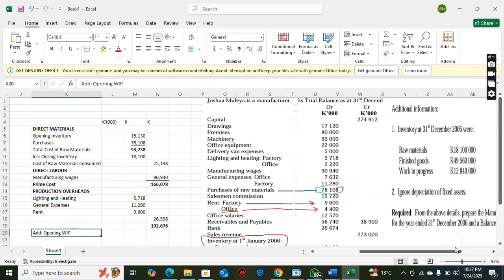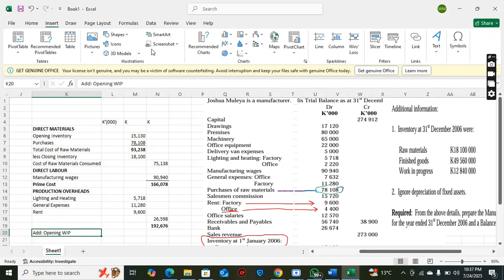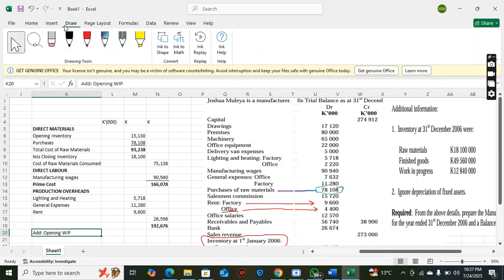So why are we adding opening work in progress and why are we deducting closing work in progress? Find the total cost of the final goods that have been manufactured. Remember, work in progress, the opening.